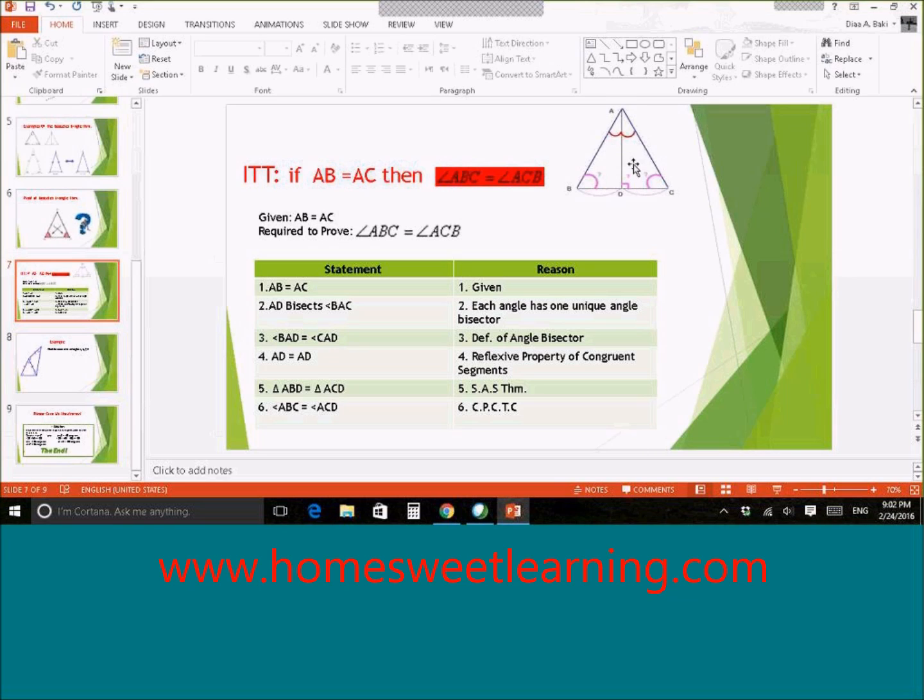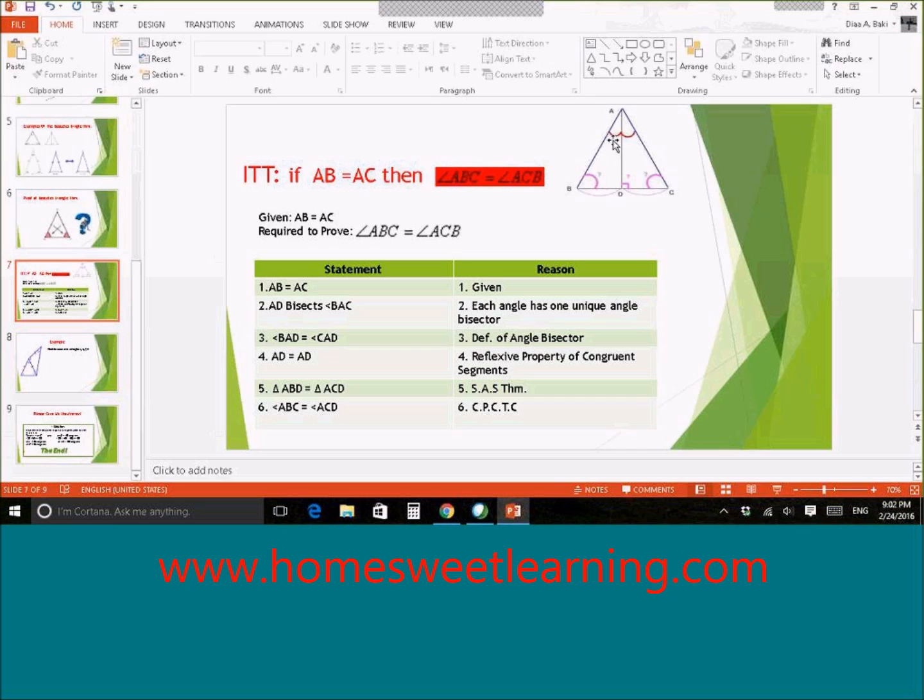So in these two triangles, what congruent elements do I have? First, this angle is congruent to this angle because of the angle bisector AD. And also we have side AB congruent to side AC. If you remember, this is the given. It says if two sides are congruent, then we have to prove the base angles are congruent. So side AB is congruent to side AC, given.